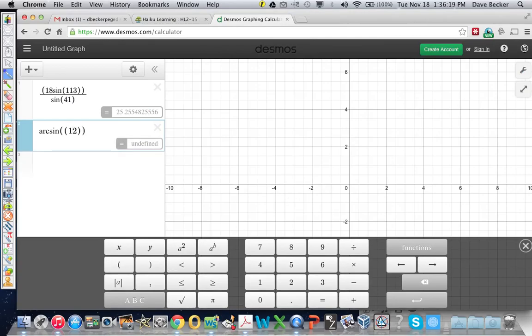So that's 12 sine 28, and that is divided by 8, I believe. Oops, I put it in there wrong. So this is divided by 8, and I got to get rid of that 8, sorry. So that's what it should look like.